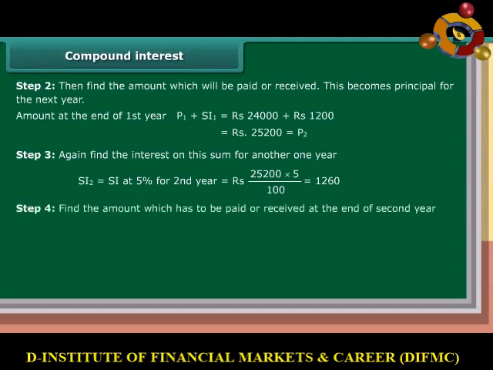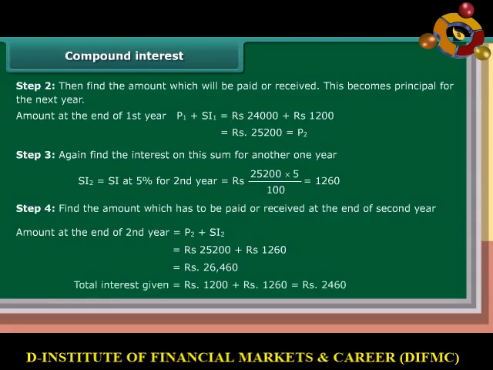1,260. Step 4. Find the amount which has to be paid or received at the end of second year. Amount at the end of second year is equal to P2 plus SI2 is equal to rupees 25,200 plus rupees 1,260 is equal to rupees 26,460.